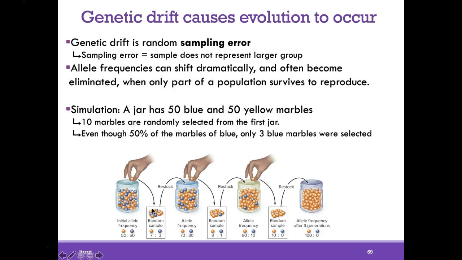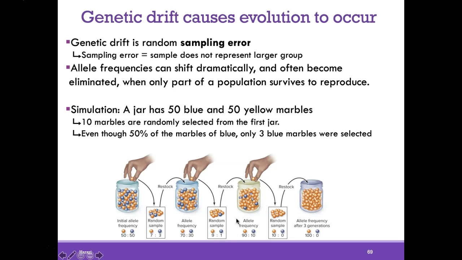If I were to restock my jar based on this sample, so I would say 70% of the marbles would be yellow and 30% would be blue, and I then selected 10, then I would be even more inclined to get more yellows. So I would have 9 yellows to every 1 blue.